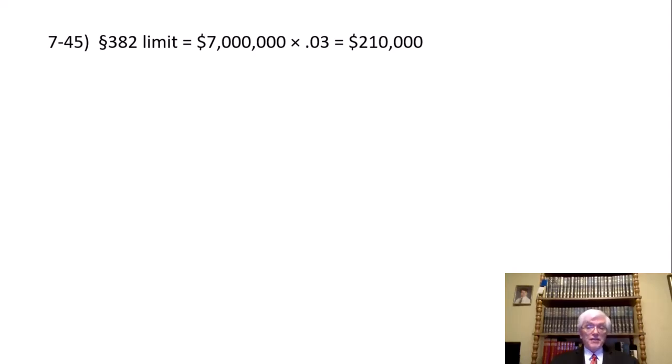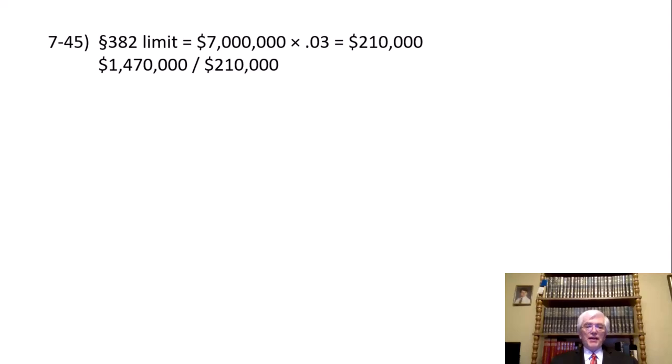So the Tau shareholders are going from 100% ownership to some very small number, way under 50%. They didn't tell us exactly how much of a percentage, but based on the values, clearly it's going to be a more than 50% drop. So 382 is triggered, and we cannot deduct NOLs of more than 210,000 per year.